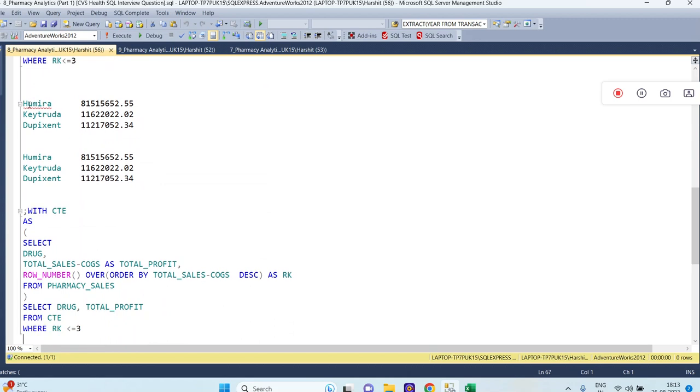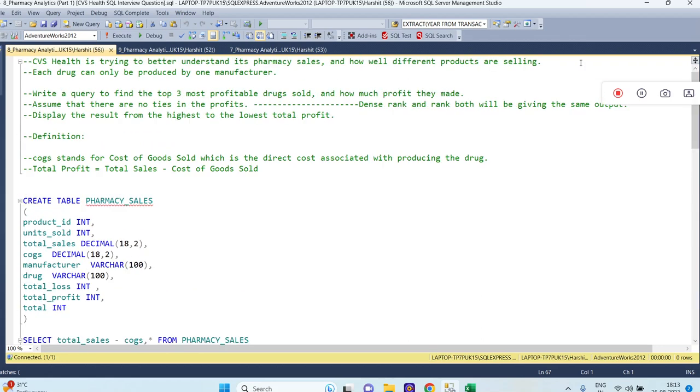Whenever we want to find the top three or any kind of the highest, second highest, third highest, fifth highest, or top four or top five, at that time we can use different ranking functions. Row number, rank, dense rank, ntile are different ranking functions, and all are functioning differently. I have already made a video on that and uploaded it on my YouTube channel. For that understanding, you can see that video.